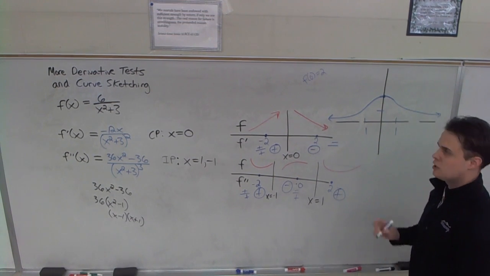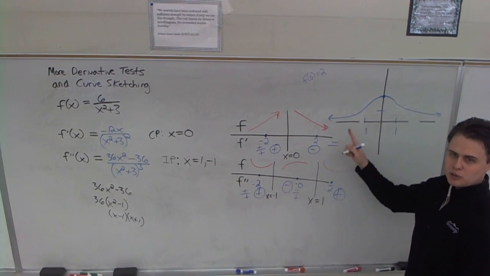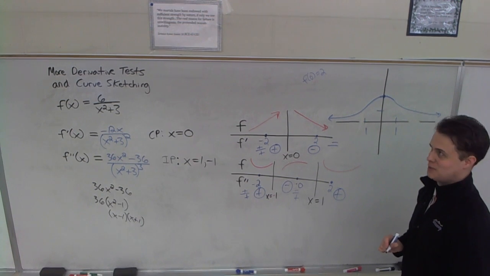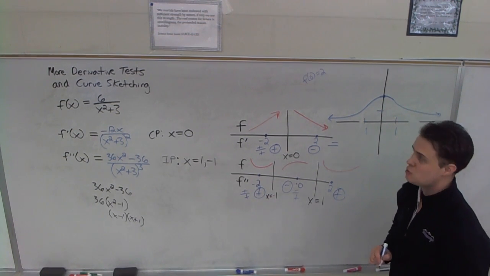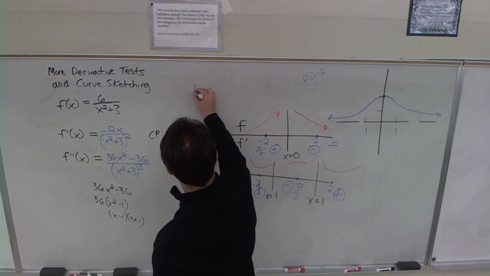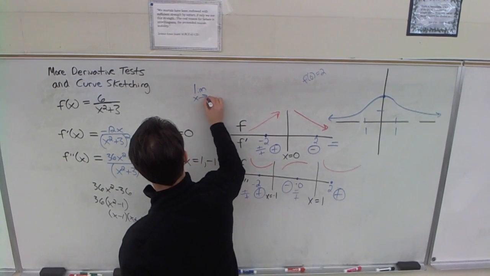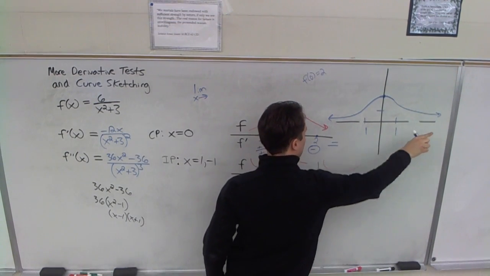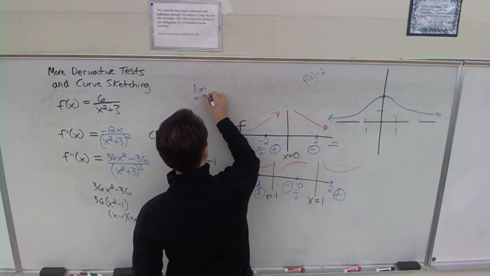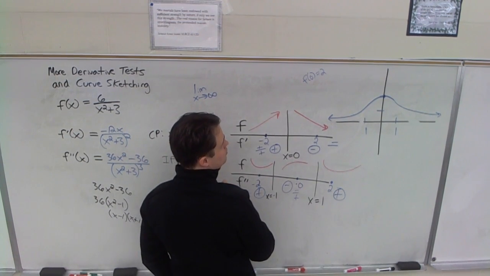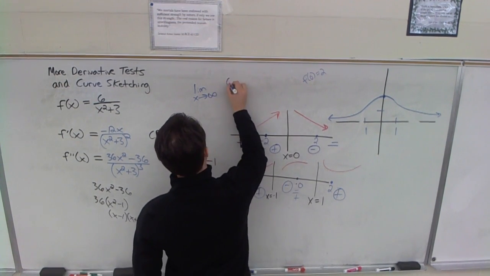If you want to confirm that it actually has an asymptote at y equals 0, you could take a limit. Let's do it. The limit as x approaches infinity should be what from my picture? 0 or something like that, right?